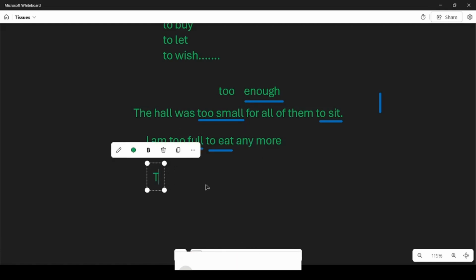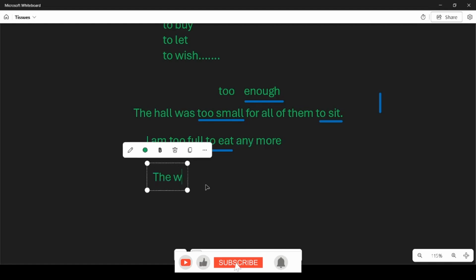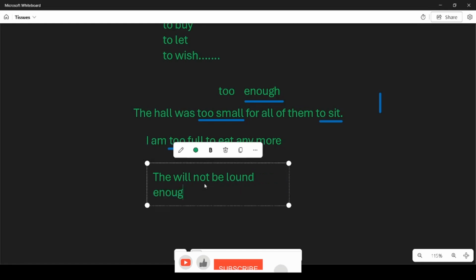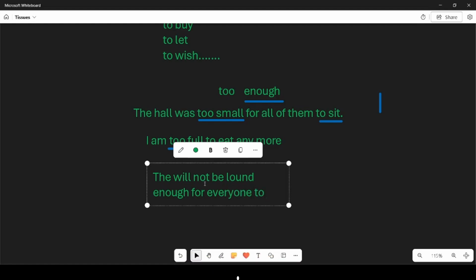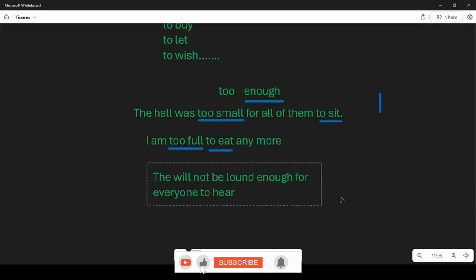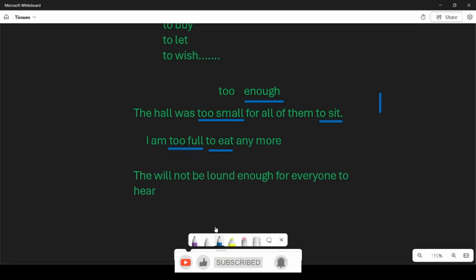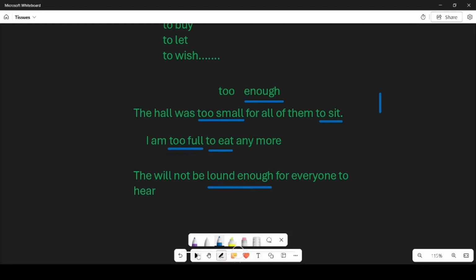The speech will not be loud enough, ENOUGH, loud enough for everyone to hear. So "to hear" is the to-infinitive. So we have "loud enough." The spelling is wrong.